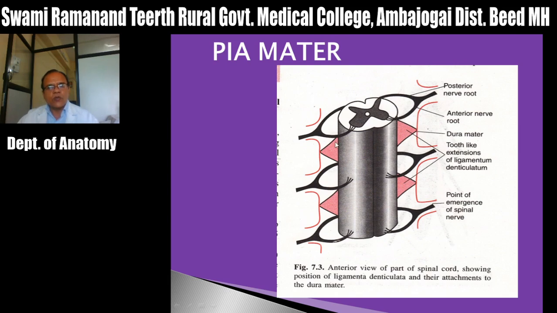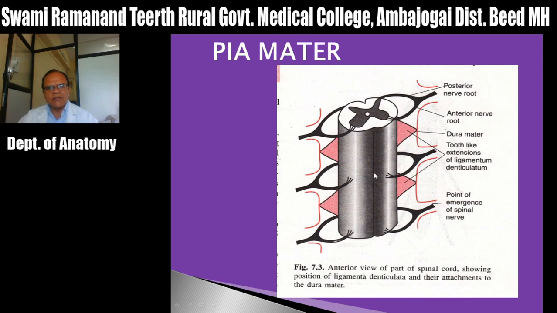It acts as an anchoring portion. It holds the spinal cord in its position. The first tooth-like process is attached to the foramen magnum above, and then they descend down, present in between the spinal segments in order to hold the cord. Okay, this is one modification.